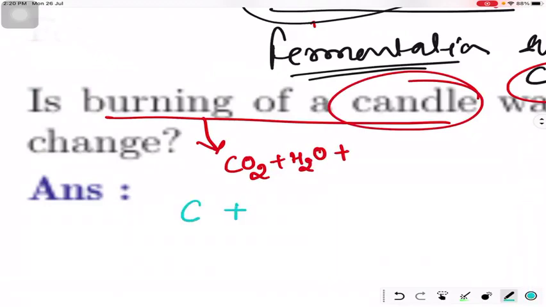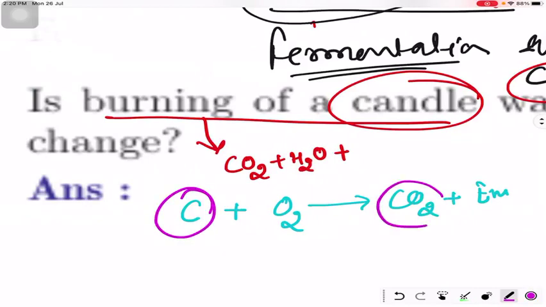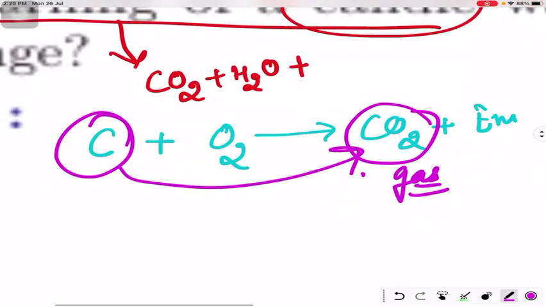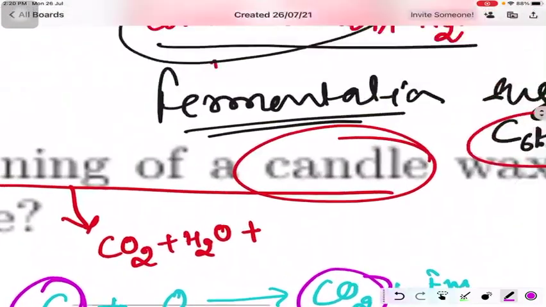Actually it is an aromatic compound, but for simplicity we can write carbon plus oxygen gives carbon dioxide plus energy. Initially you had wax in your hand, but now it has been converted into gas which has escaped during the process. So this is a chemical change. It is no longer the carbon itself. It is a chemical change.